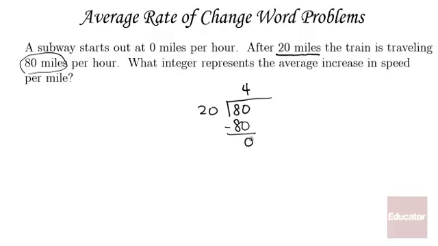So that means that the average increase in speed per mile was 4 miles per hour every mile. So the integer would just be 4. So each mile it increased 4 miles per hour.